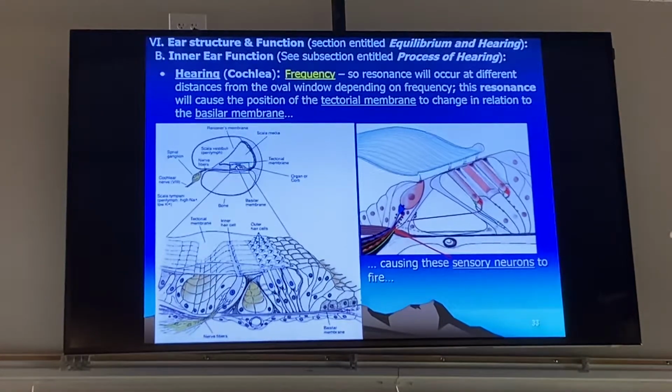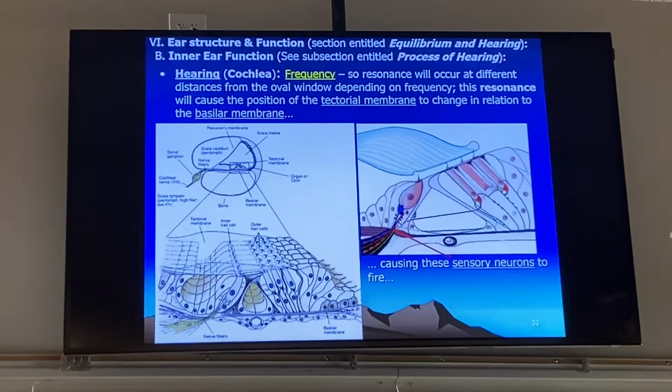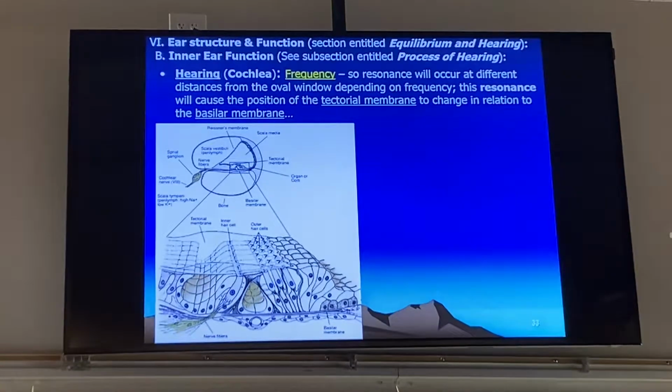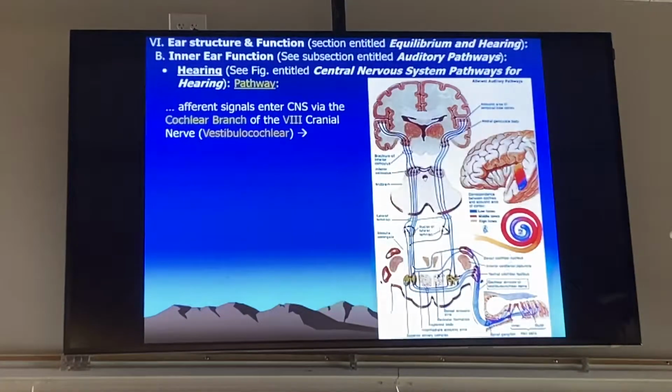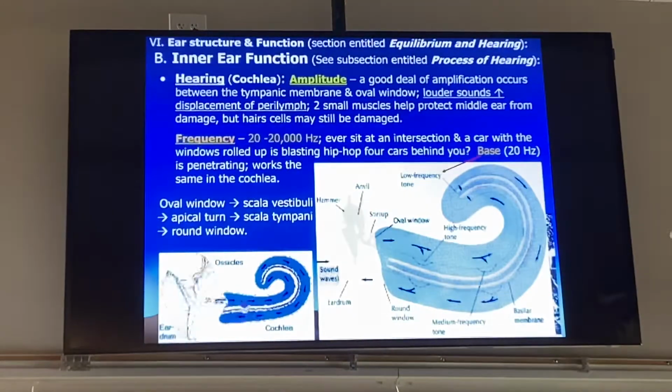So each of the 3 parts has a different resonance, and it's not just boom, boom, boom, it just gradually changes to the apex? Like this, okay, so I've straightened out the cochlea, so it doesn't even turn at all. Higher frequency tones are going to resonate here, lower frequency tones are going to resonate there. But it's gradual, is what I'm asking.